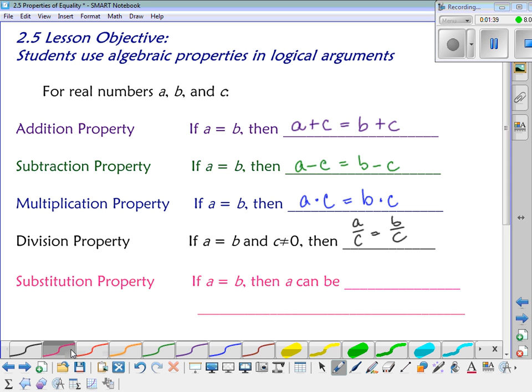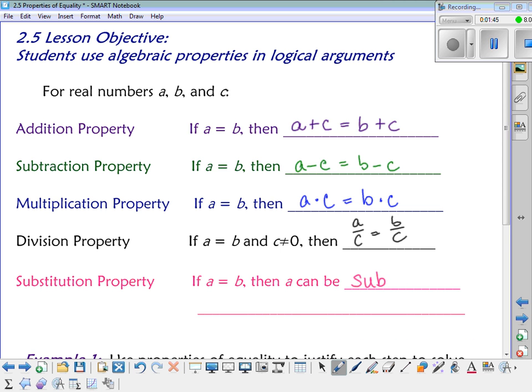If a is equal to b, then a can be substituted for b in an equation. In other words, wherever a was, we can put b in instead.